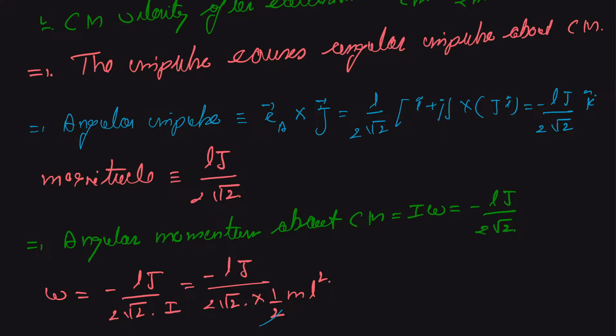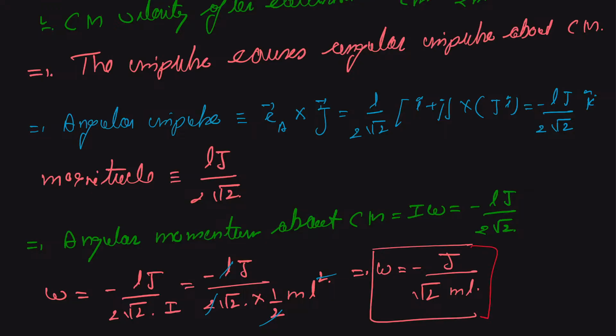Here the 2 cancels with 2 and the L squared cancels one L. Therefore, the value of omega is equal to negative of J over root 2 times ml. This negative sign is representation of direction only, and we are only interested in the magnitude. We can take that into account later when we require it.